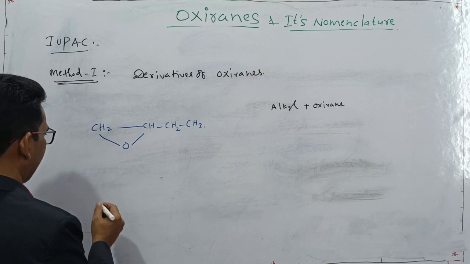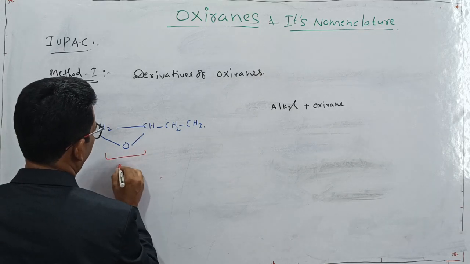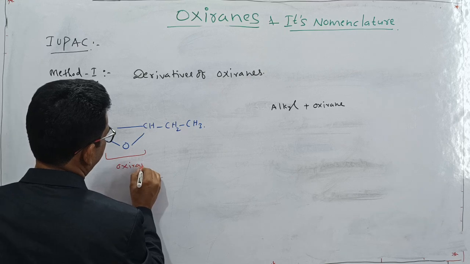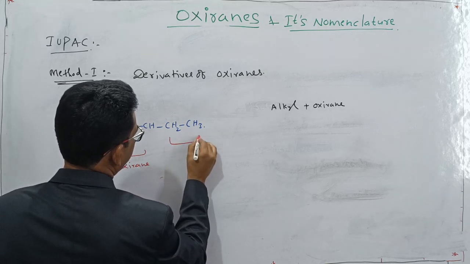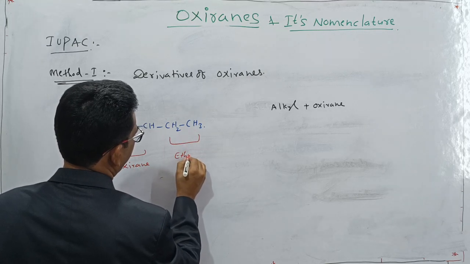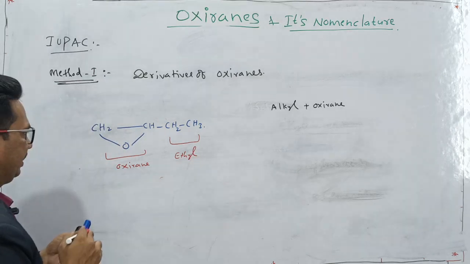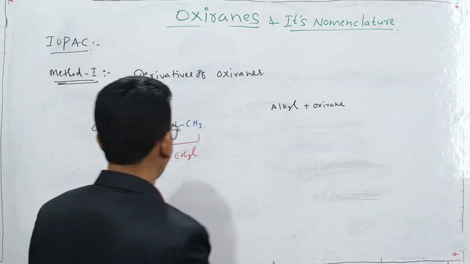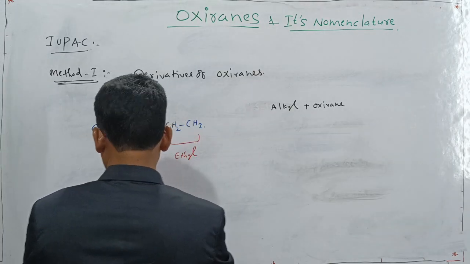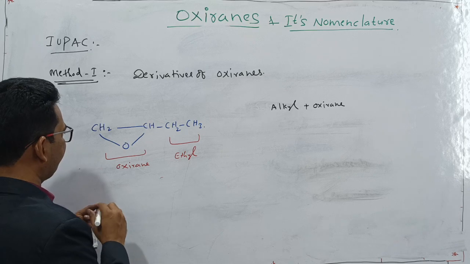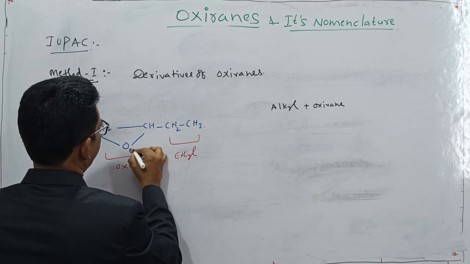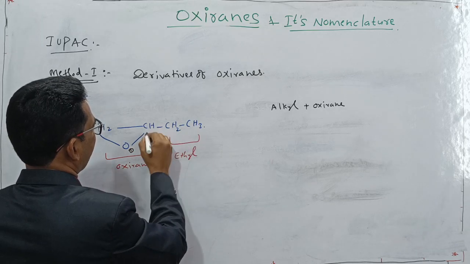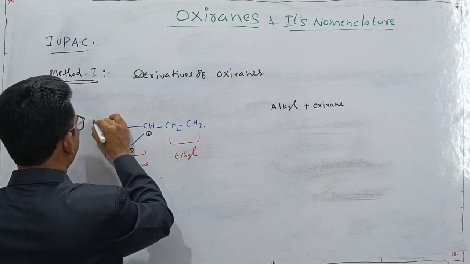Now see, we already know this is called oxirane. What substituent is present? That is ethyl, because it is alkyl. Now we have to write alkyl oxirane, meaning ethyl. How are we going to give the numbering for this one? Oxygen is always 1. Then next preference goes to the carbon which has the substituent.